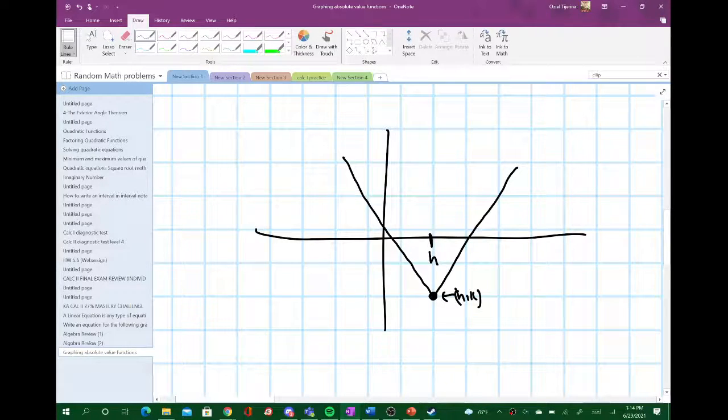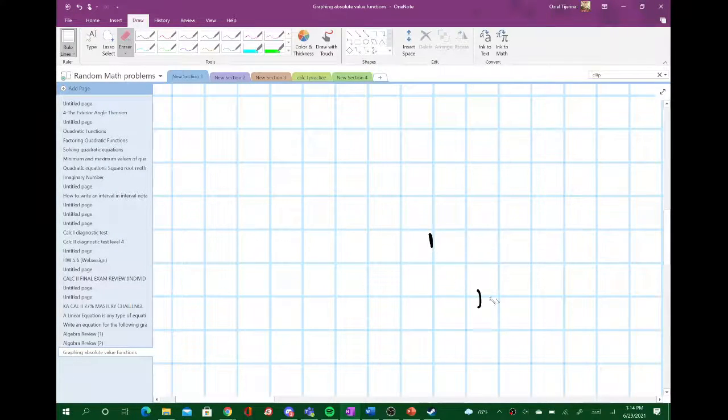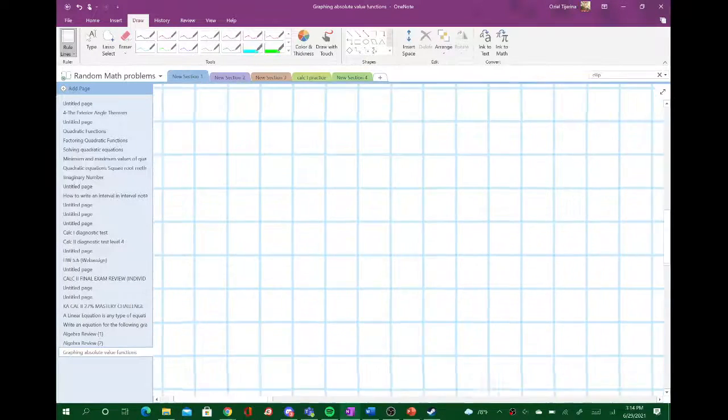The h value is the x coordinate, and the k value is the y coordinate. Basically, it doesn't matter if k is negative or positive, but that's just a way of looking at it.